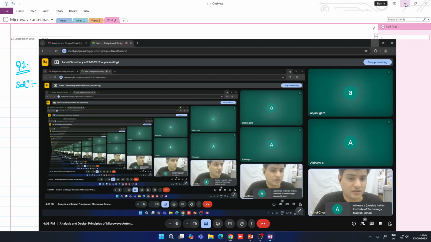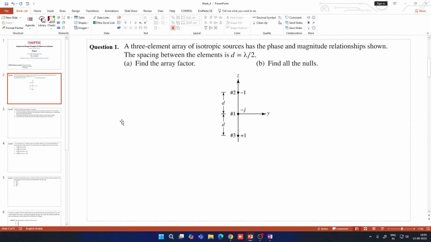Those who have joined just now, we have just started with question number 1. A 3-element array of isotropic sources has the phase and magnitude relationships shown in this figure, and the spacing between the elements is lambda by 2. We have to find the array factor and the nulls.